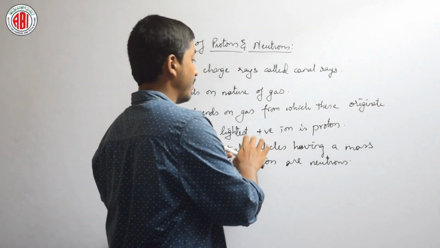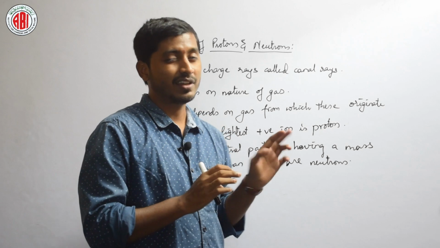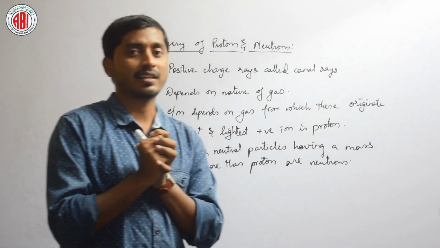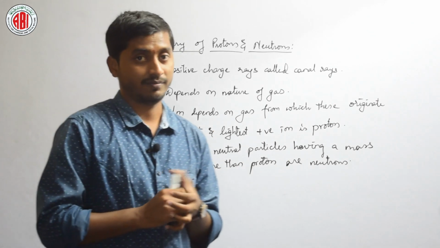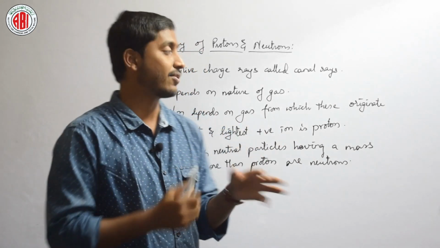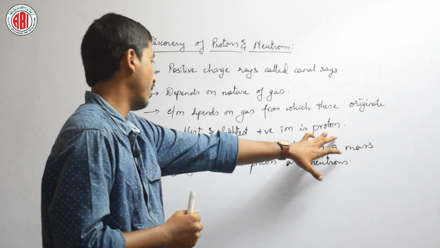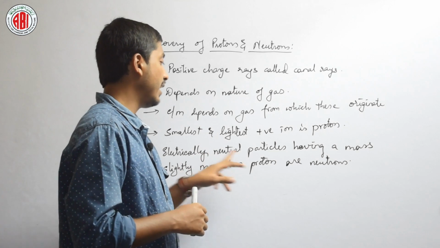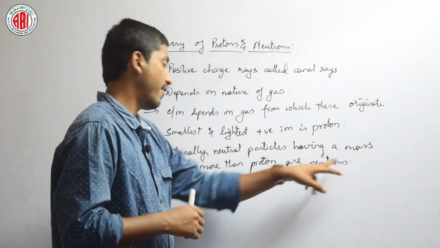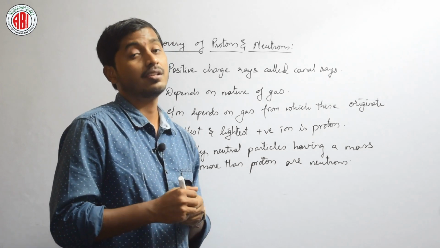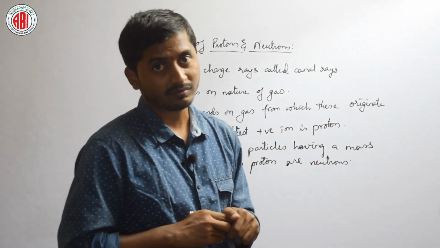It is better to remember this definition, because we will discuss which positive ion is very small in size and very light in weight. We will discuss that atom in our future classes; that is simply called a proton. And one more point: an electrically neutral particle which has a mass slightly more than a proton is called a neutron, right.